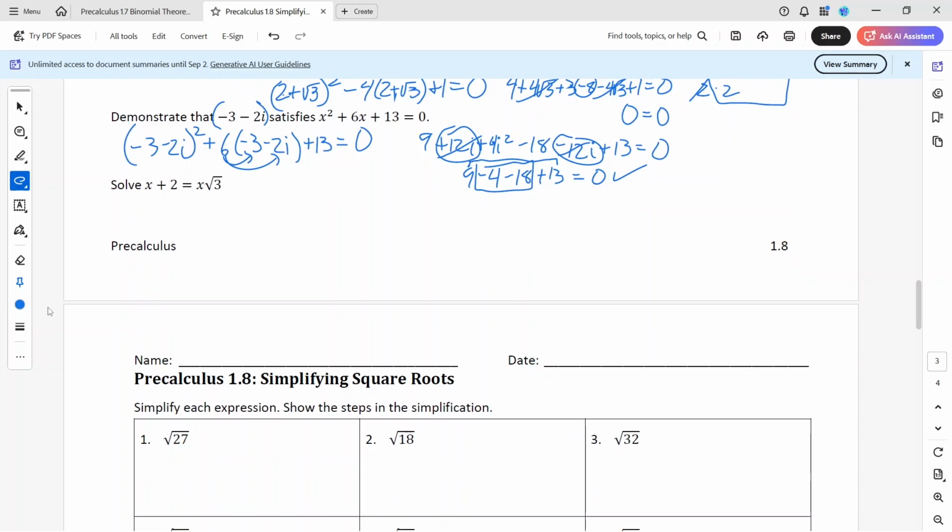Now, lastly, we see this crazy looking equation here. And I just happen to know that the square root of 3 is bigger than 1. So I'm going to subtract x to the other side and get 2 is equal to x square root of 3 minus x. And when you see this form, recognize it's a two-termed expression that has a common factor x.